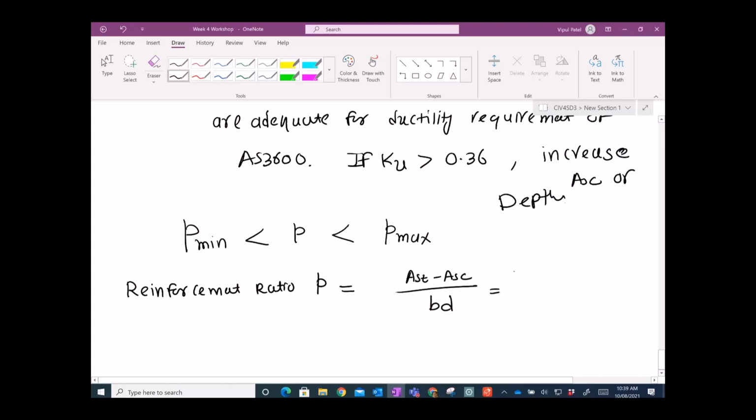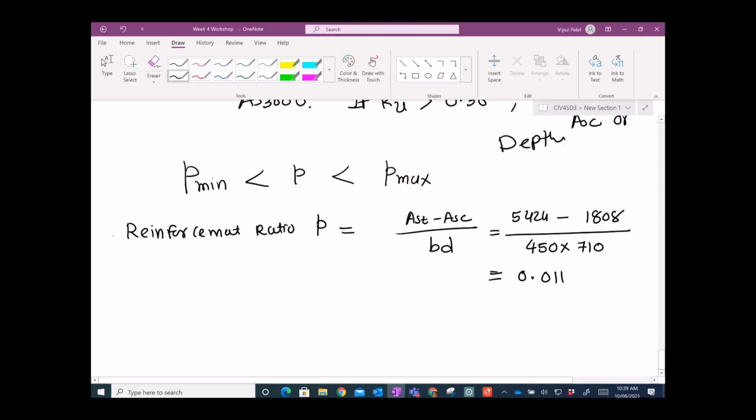Now how much AST? We have 5424 millimeter square, take away 1808 millimeter square over B, 450 times D, which is 710. You can find this ratio as 0.001. Right, that is okay.